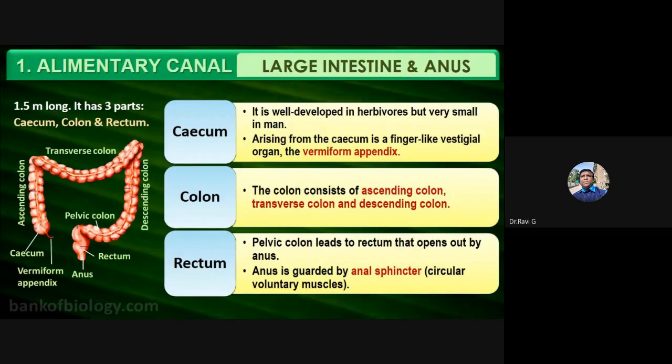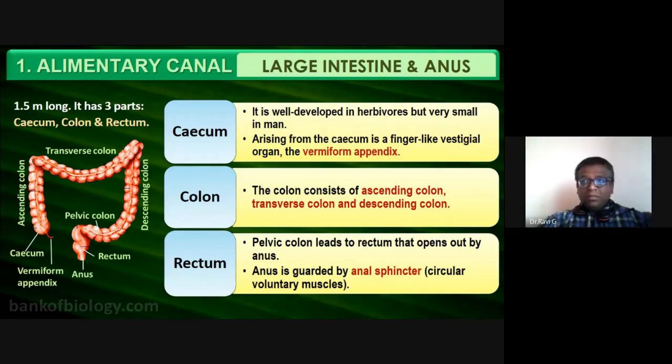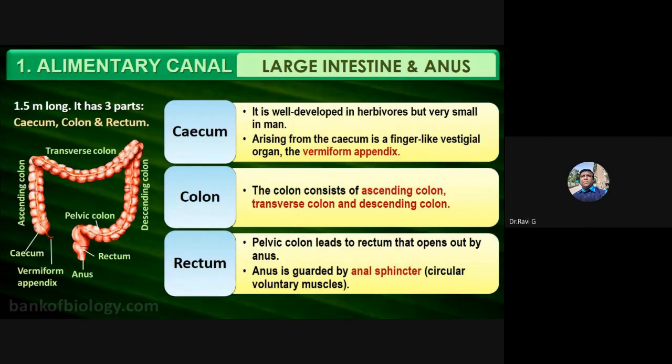The next part is the large intestine and anus. The large intestine is around 1.5 meters long. As the name indicates, it is larger in size. It has three parts: cecum, colon, and rectum.